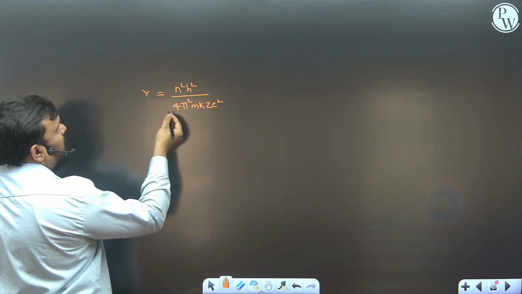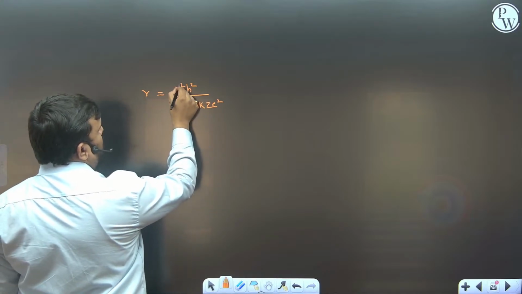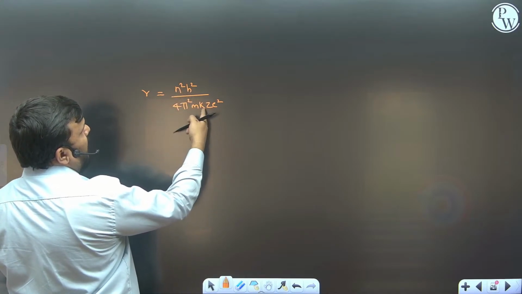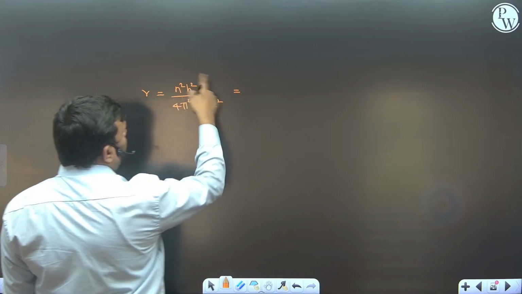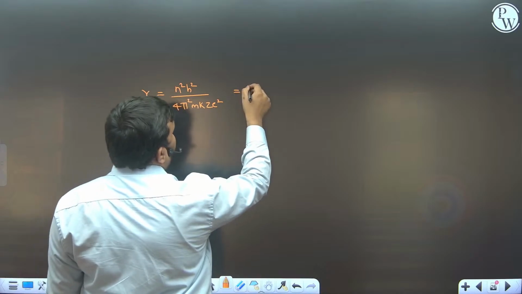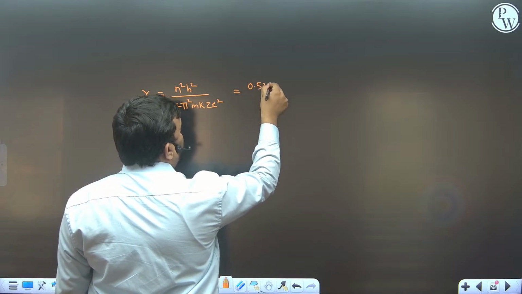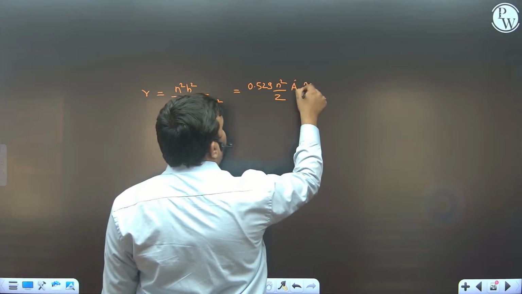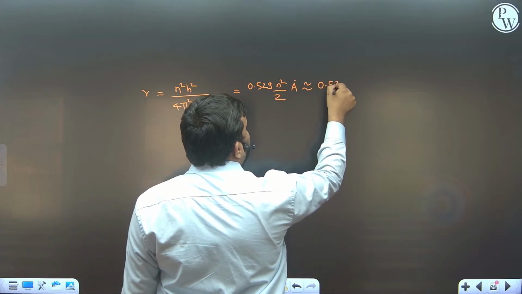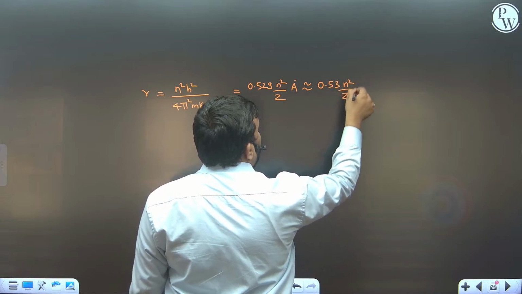That was the radius value. In this orbit number n is a variable and atomic number Z is the variable. So all other values we can put over here, and we will be getting 0.529 n²/Z angstrom, which approximately we can take as 0.53 n²/Z angstrom.